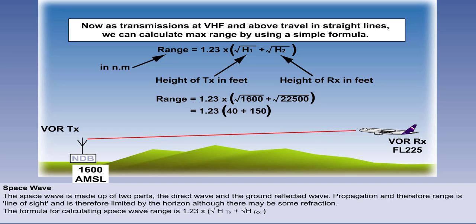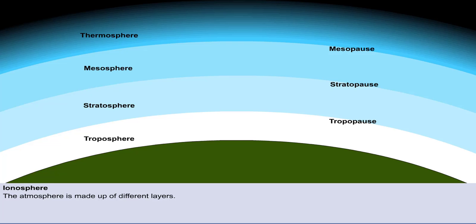Their square roots are 40 and 150, respectively. Multiplying by 1.23 gives us the answer 233.7 nautical miles.